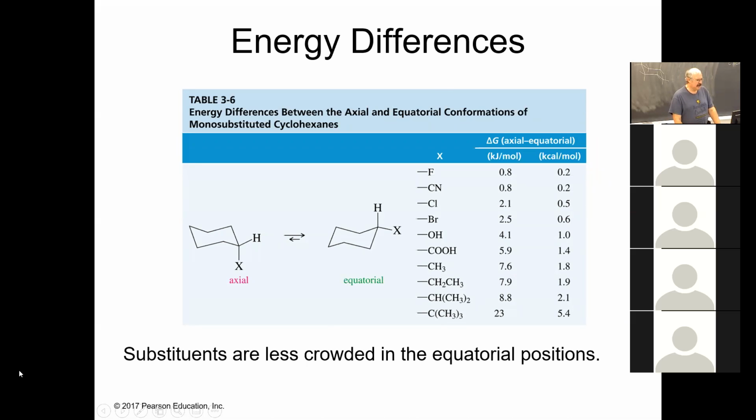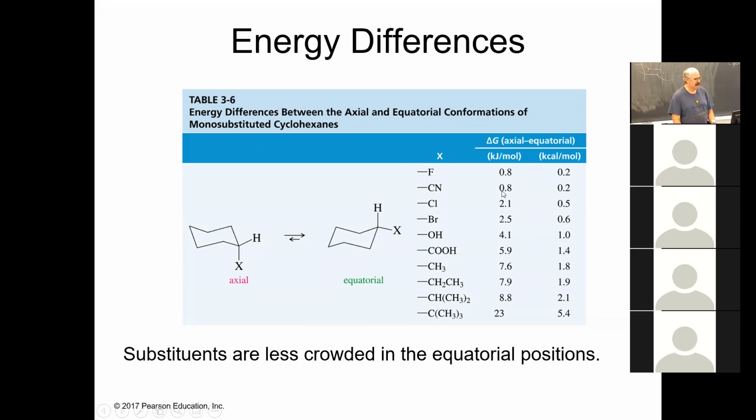And this is the energy difference between the axial and the equatorial in kJs and kcals per mole. We're going to go mainly by kJs per mole. Okay, it turns out that when we have a fluorine, it's actually just slightly more stable in the axial.